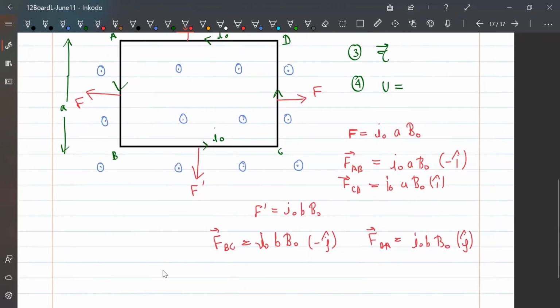So net force will be the sum of all the forces. F net is force on AB plus BC plus CD plus DA. The sum of all these four will result in 0.